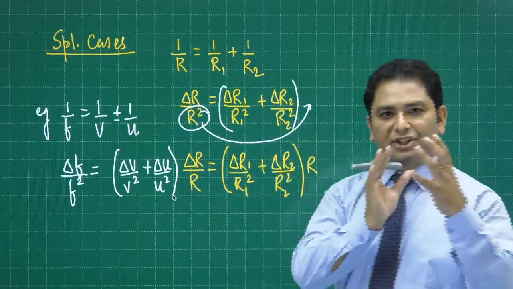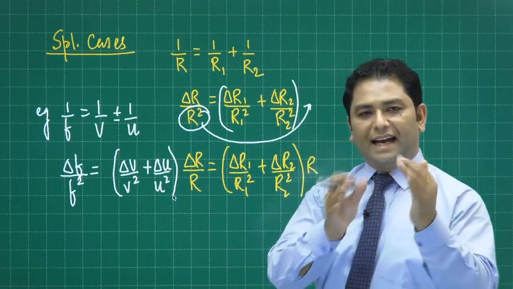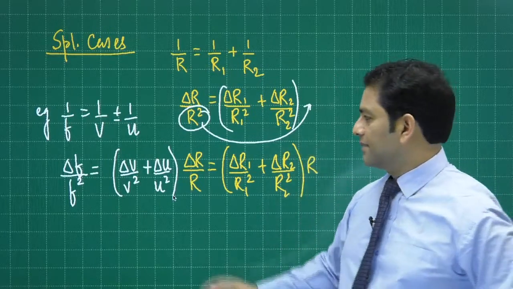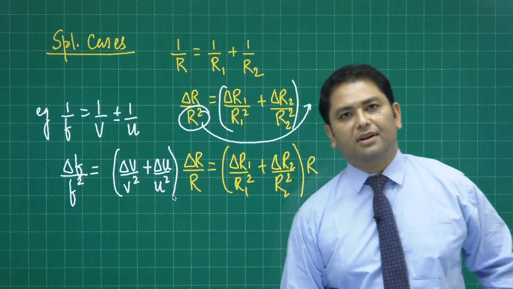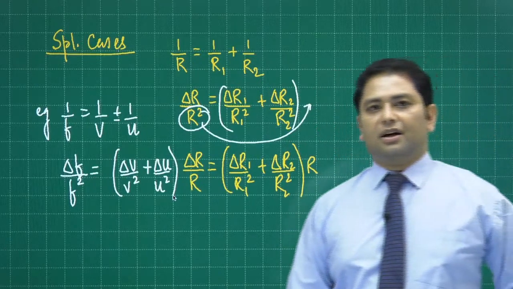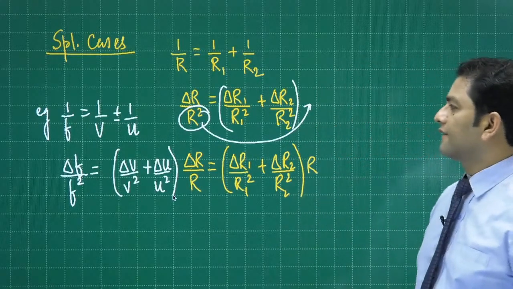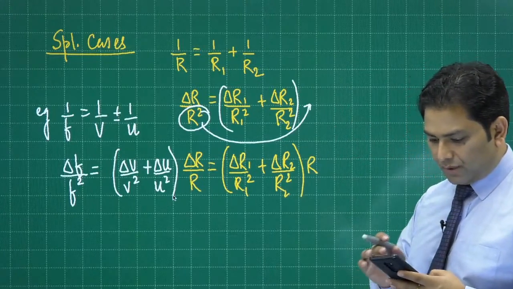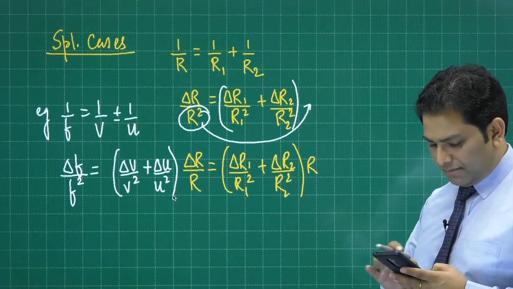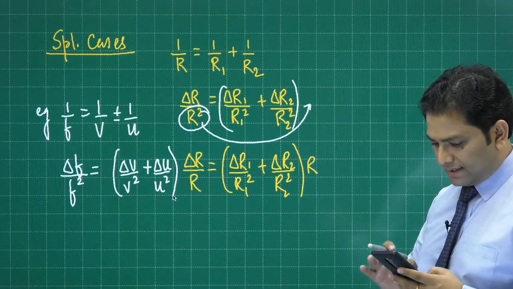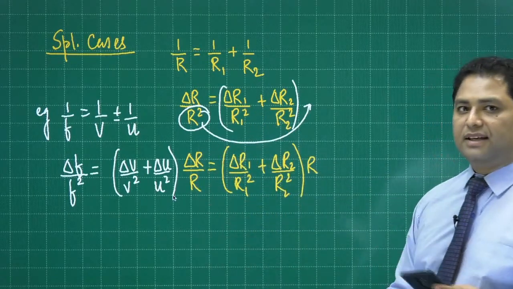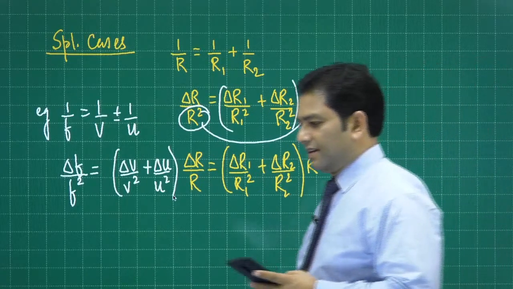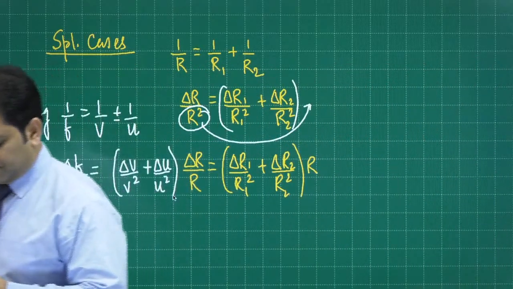I think you can make a relation. Whether addition or subtraction, the pattern came the same. So this also comes out to be the same. All right, so this is how we make the special cases of 1 by F is 1 by V plus minus 1 by U. The pattern is the same. Okay.